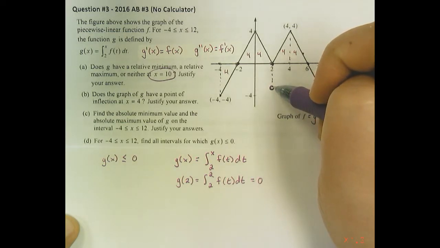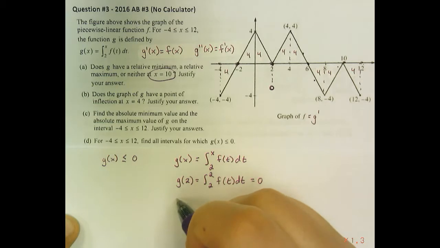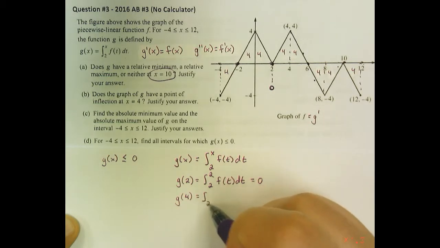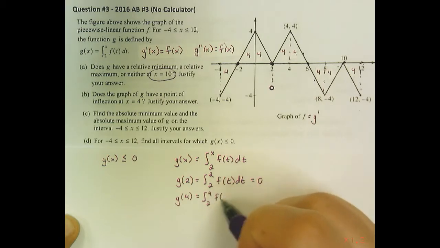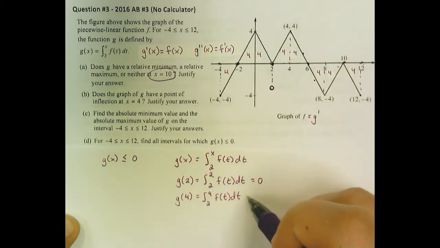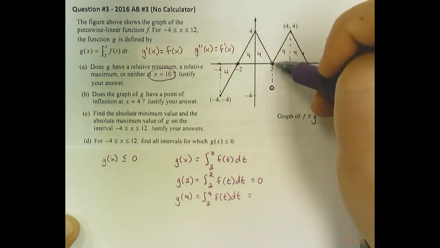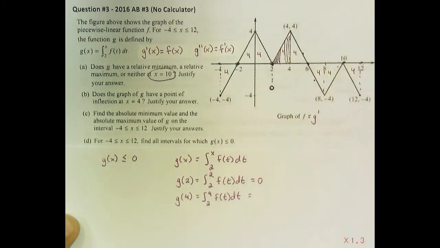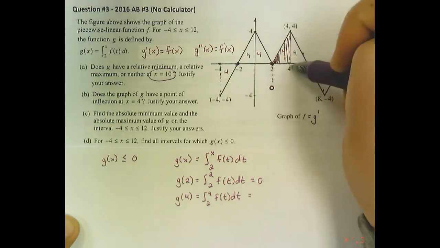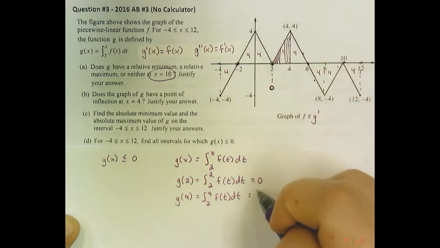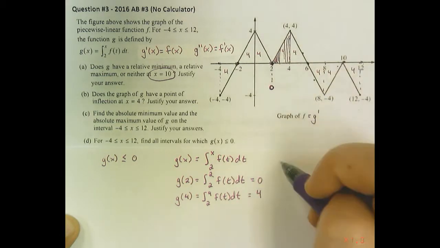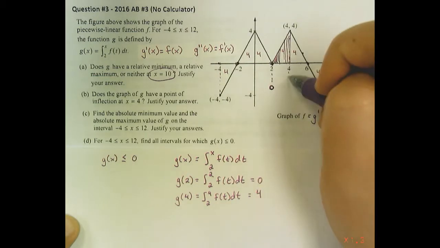If I were to continue this trend and say, well, what is g of 4? I'm asking the question, how much do I accumulate from 2 to 4 of the function f of t? And so the graph is positive, so I'm accumulating positive area all the way up to a value of 4 square units. Okay? And we can continue that trend, g of 6, so I'll put that value at 4.